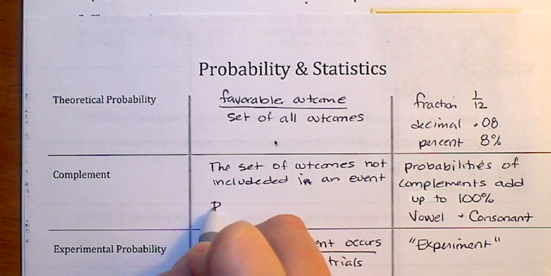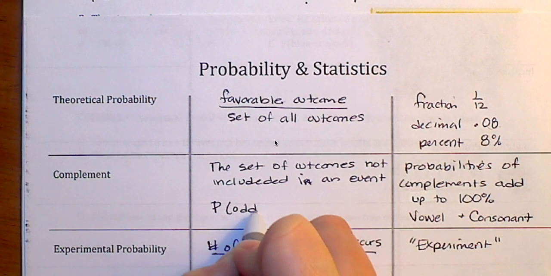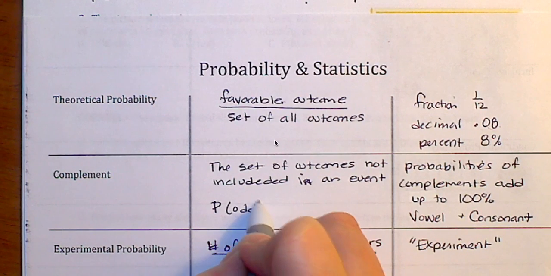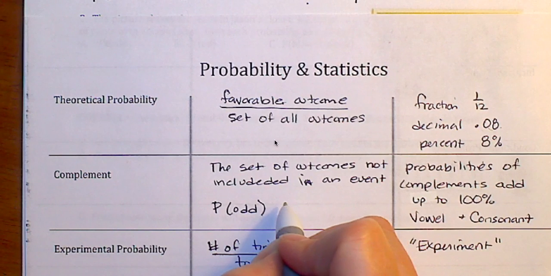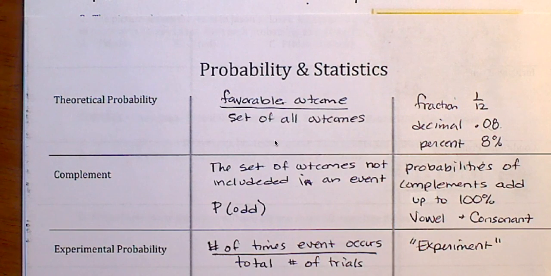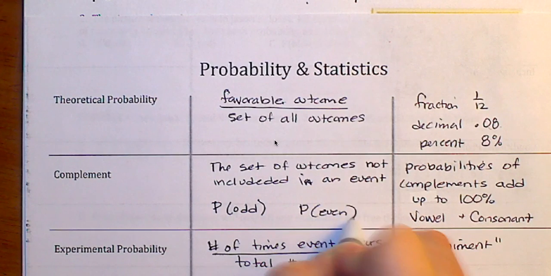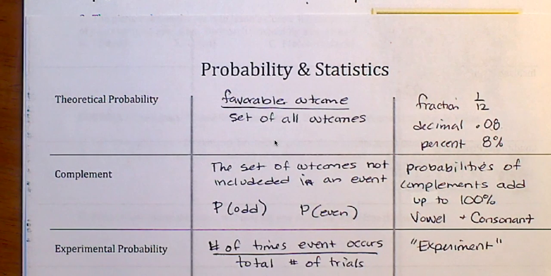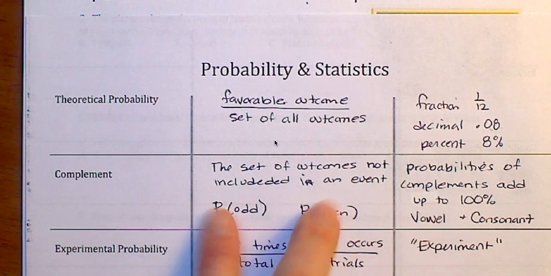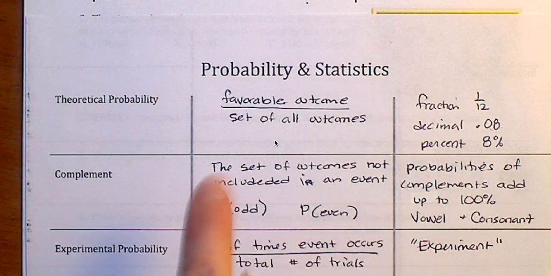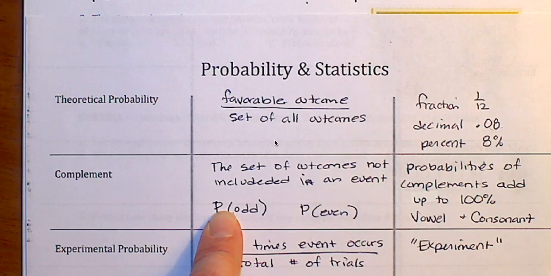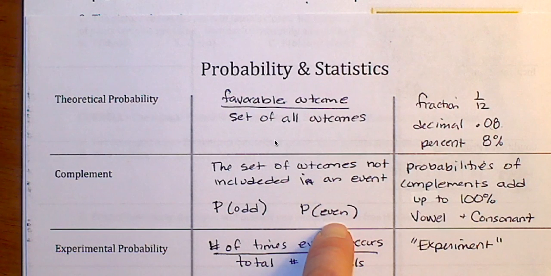The probability of choosing an odd number, its complement would be the probability of choosing an even number, because numbers are either odd or even. So together they are complements, but the complement to the probability of choosing odd is the probability of choosing the even.